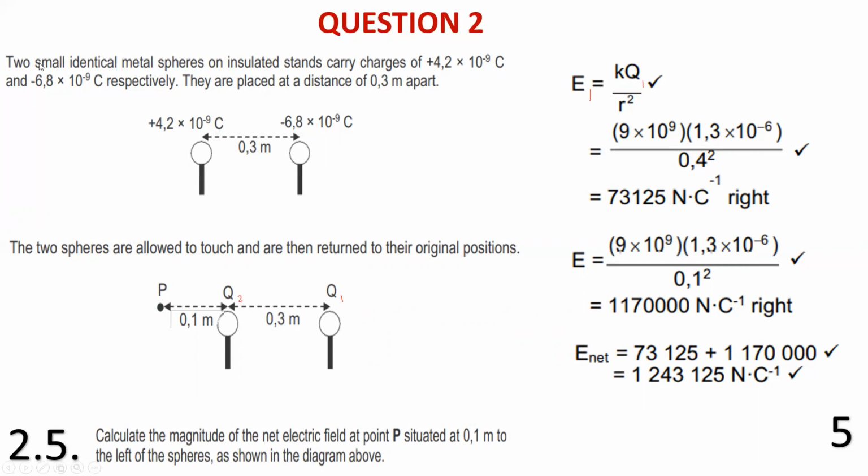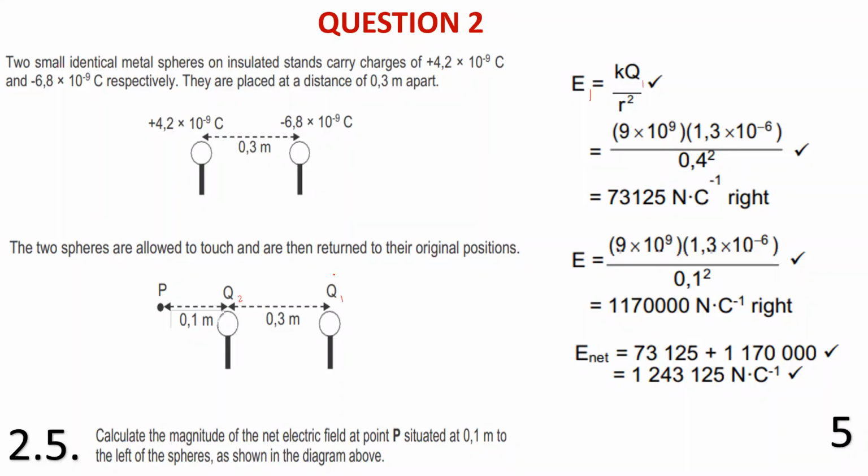We can also draw a free body diagram on point P to see what's going on. This is our point P. Is Q1 positive or negative? We should check the final charge. Just one minute, let's check Q1 and Q2.